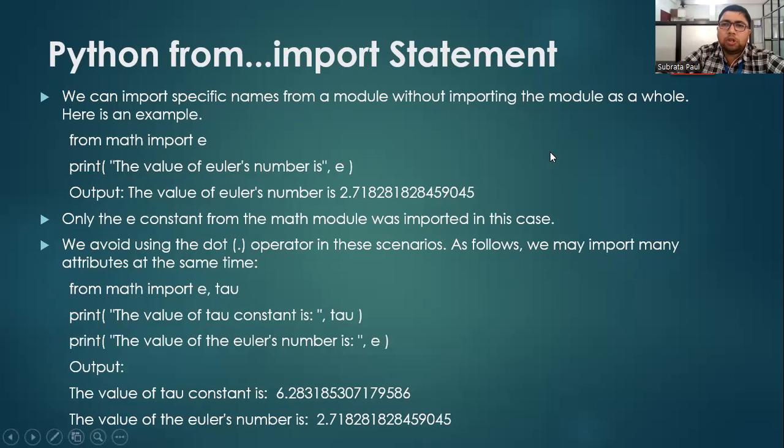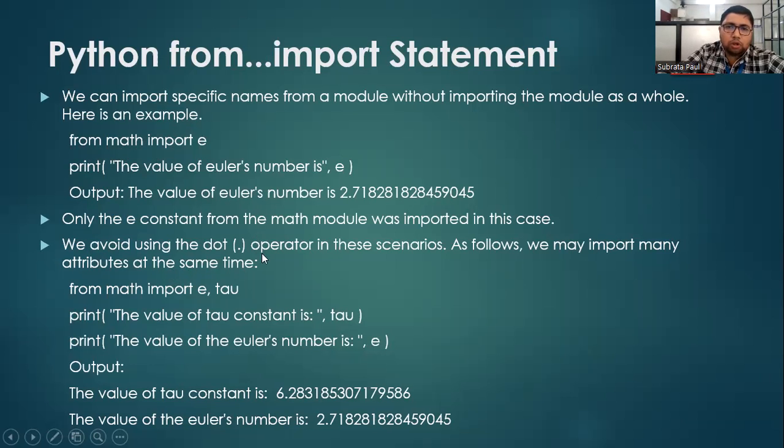For example, from math import e means that from the math module we are just trying to import the constant Euler's number, e. In this case, we do not have to mention the name of the module, since we have written the statement that from the math module we are importing only e.